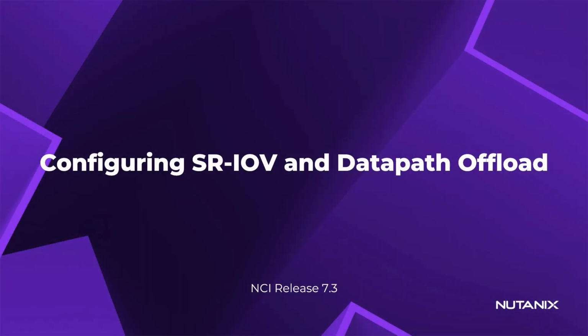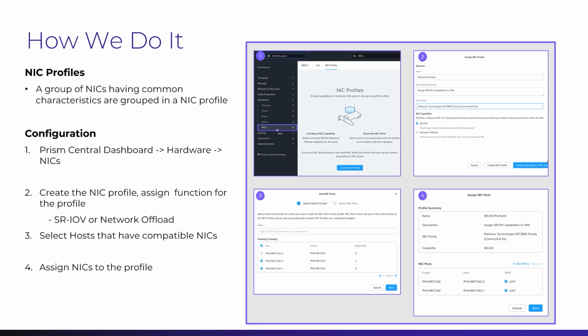Now that we've gone through the features SR-IOV and data path offload, let's look and see how we can configure our environments to utilize these features. To configure SR-IOV or data path offload, we introduce the new NIC profile construct to Prism Central.